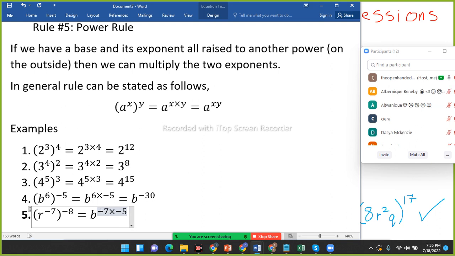So r to the power of negative 7 times negative 8 is going to be r to the power of positive 56, because a negative times a negative is a positive.